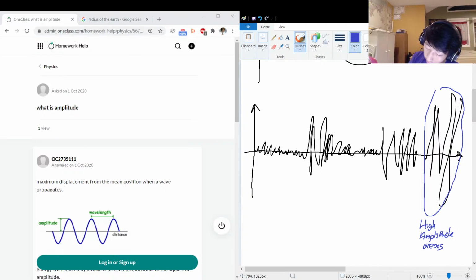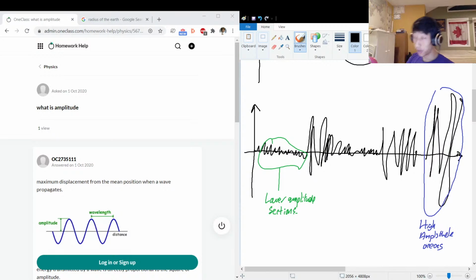Areas, maybe in the green sections, would be lower amplitude sections. If this happened to be an audio track, when the amplitude is lower, you're going to expect the volume to be lower as well.